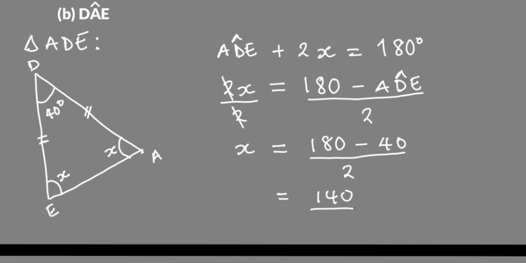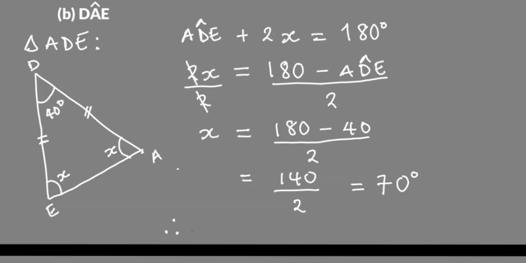And then we divide that by 2, which gives us 70. Remember, we said each of these angles here are going to be x. Therefore, angle DAE is equal to 70 degrees. Since we know that x is DAE or DEA, we can say, therefore, DAE is equal to 70 degrees.